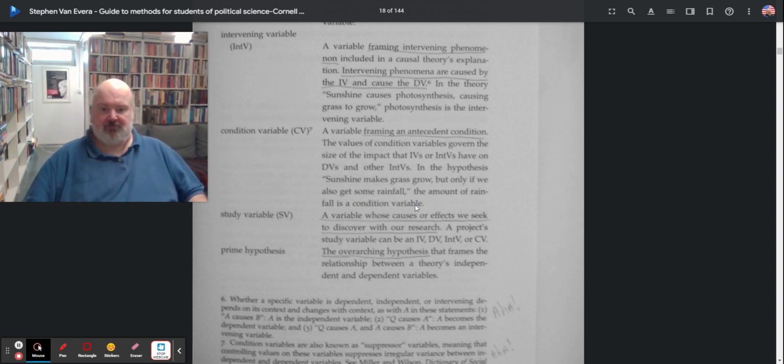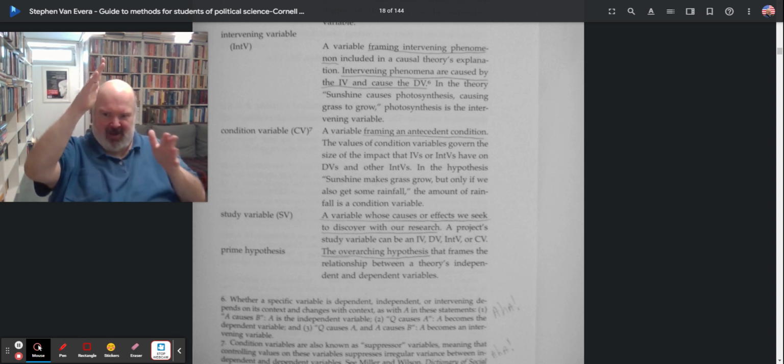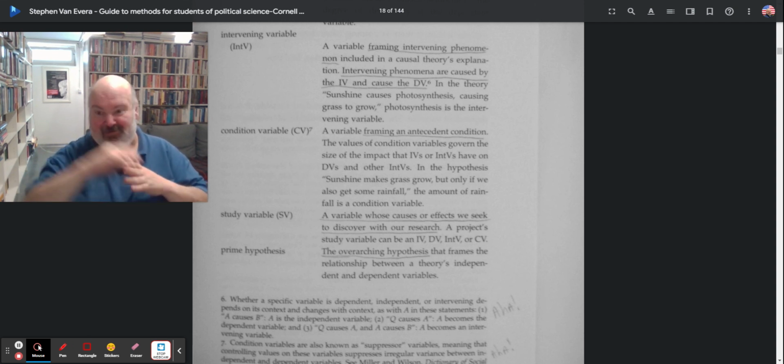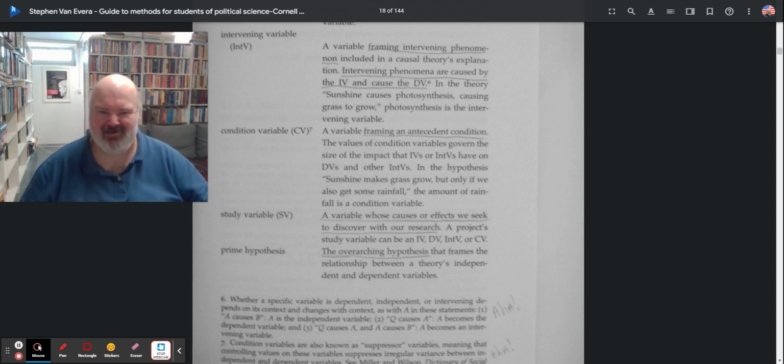Sunshine grows grass, and the amount of rain matters. It's really affecting things at grass level, not at sun level. It is another cause. Sun hits the ground, and sun causes grass to grow.